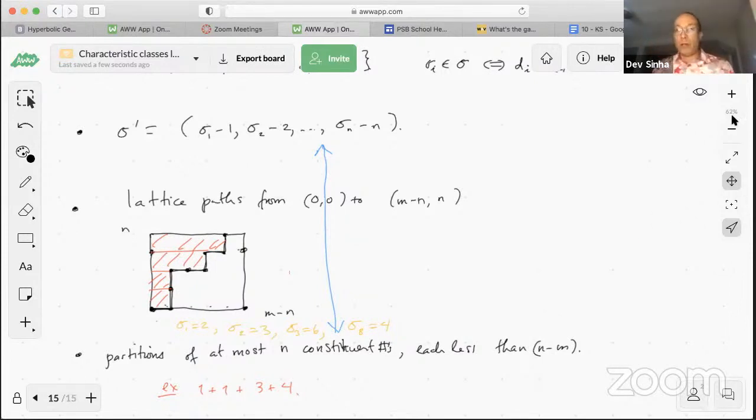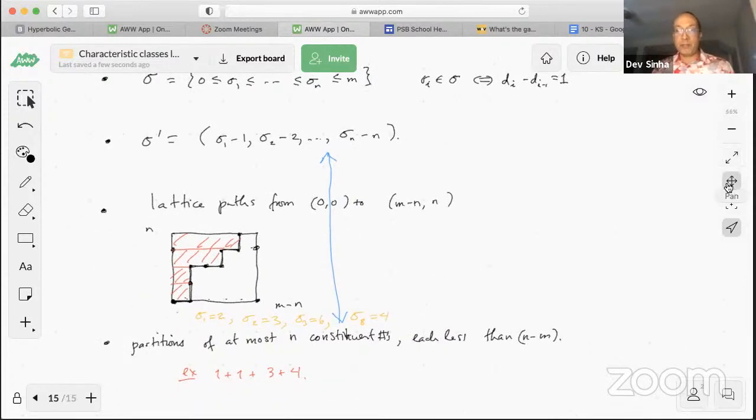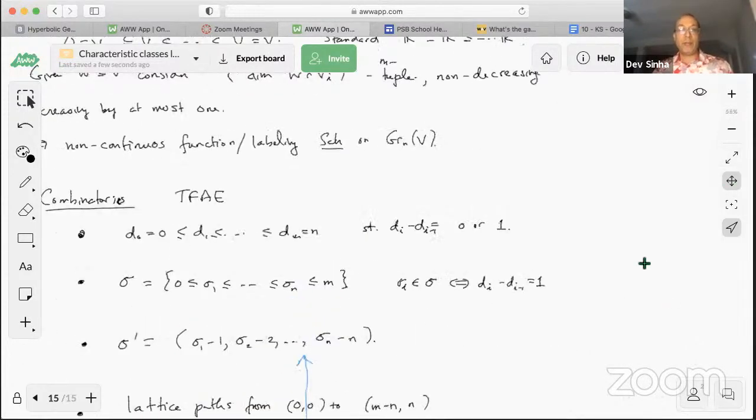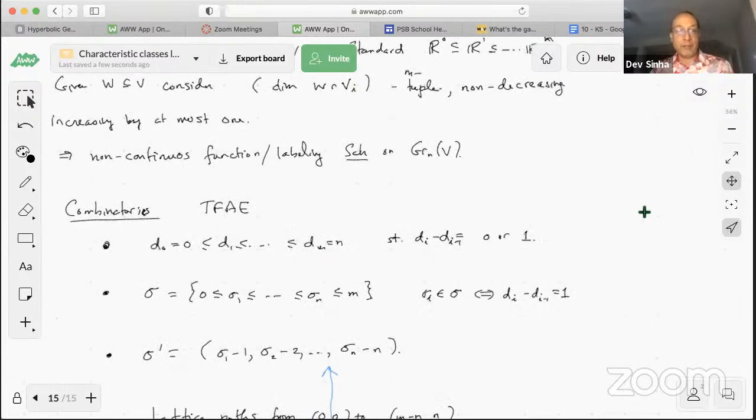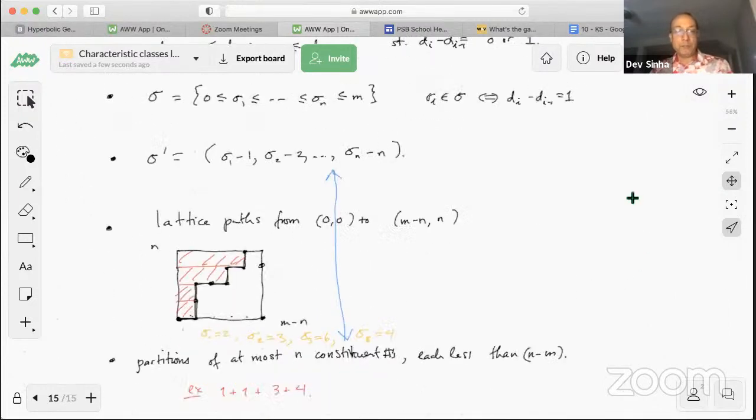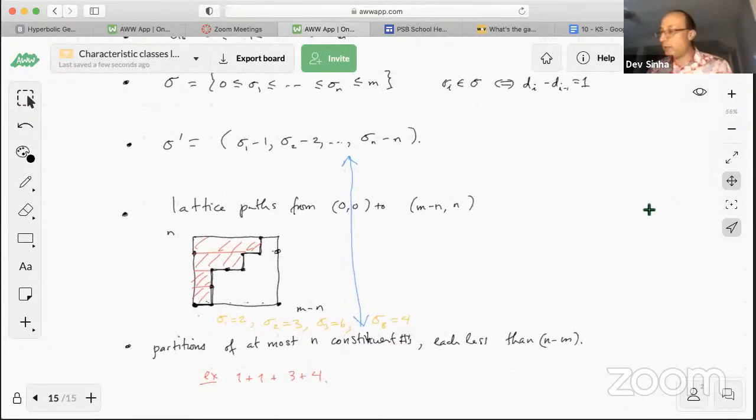So these are all different ways to think about this same combinatorics. I enjoy combinatorics that arises in studying beautiful topological spaces like Grassmannians. And here's a great example. And so let's define a couple of these.